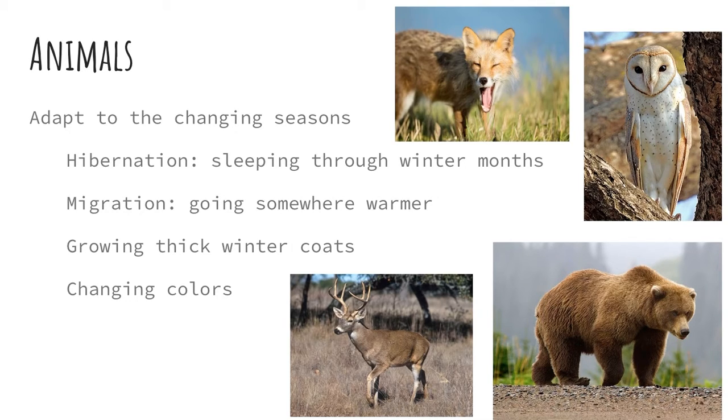So we've talked about before, and I know that a lot of you like these, foxes and rabbits that are orange or brown during the fall and summer, and then they turn white during the wintertime. They turn white so that they can kind of blend in and fit in with their surroundings when it's snowing.